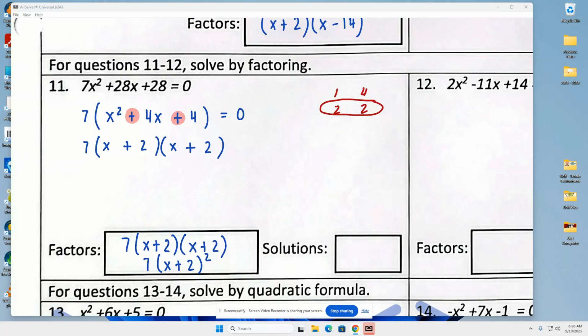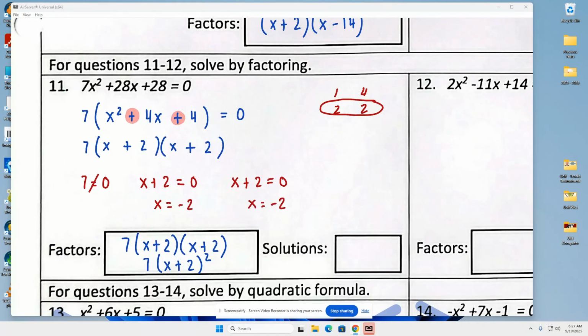Now, solving. What are my solutions? Well, think about it, guys. If I take all of my factors, if I take 7 and set it equal to 0, is that true? No. I can't solve that. It just cancels out. But if I take x plus 2 and set it equal to 0, won't I subtract 2 on both of them and x will equal negative 2?